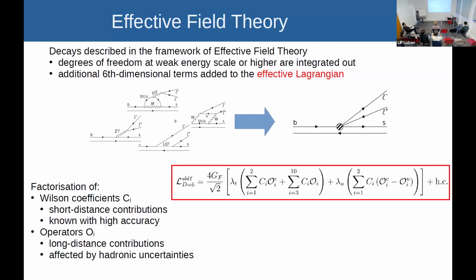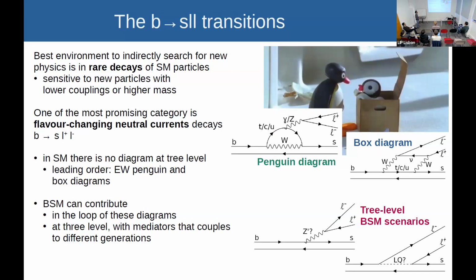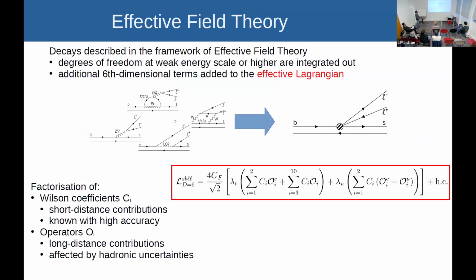In order to describe this kind of decay in a model-independent fashion, so not to be constrained by assuming the standard model decay, what we use is the effective field theory.